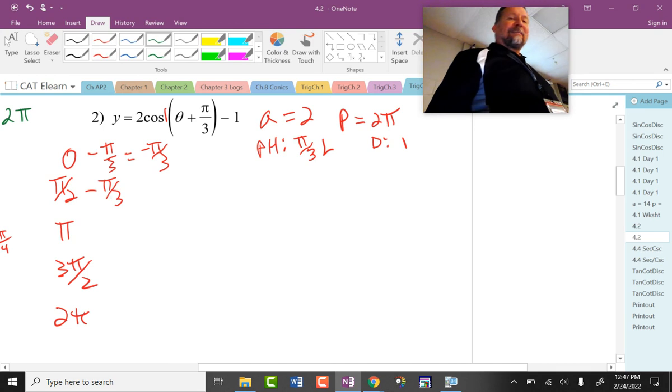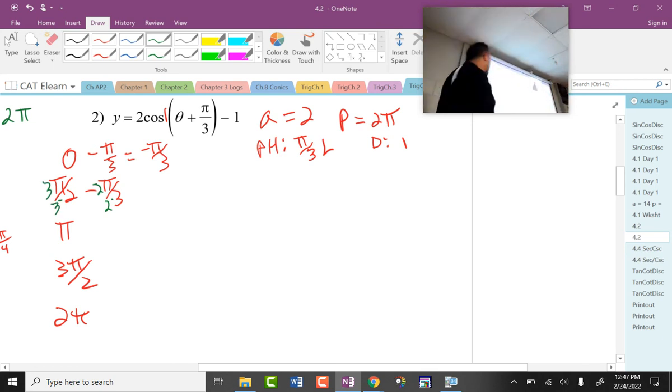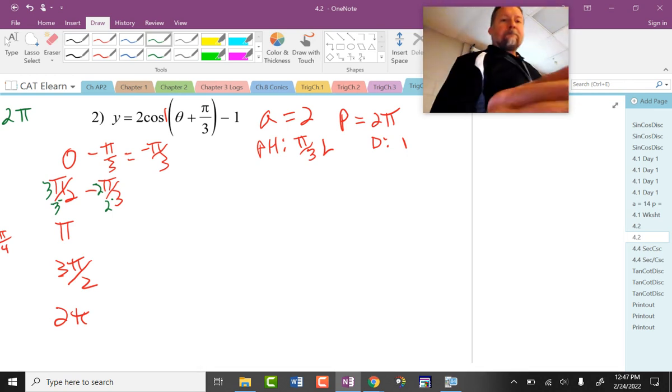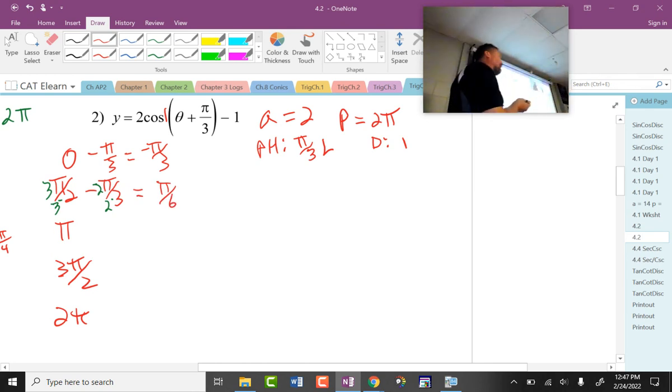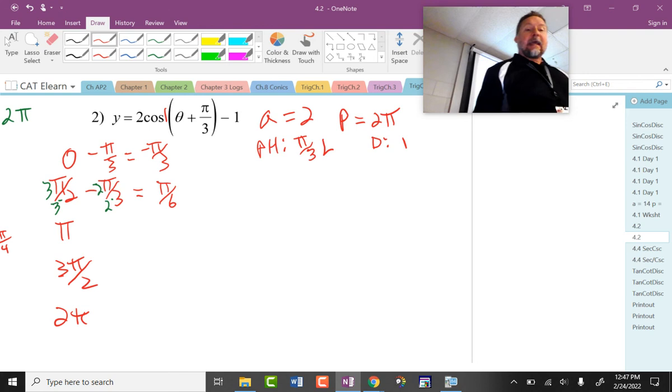Okay, so multiply by 2. So what's the common denominator? Okay, then what are these two? What's 3 pi over 6 minus 2 pi over 6? Pi over 6. And you need to do what I am doing right here. You need to write this down if you can't figure it out mentally and understand how to get common denominators and subtract. It's got to happen.